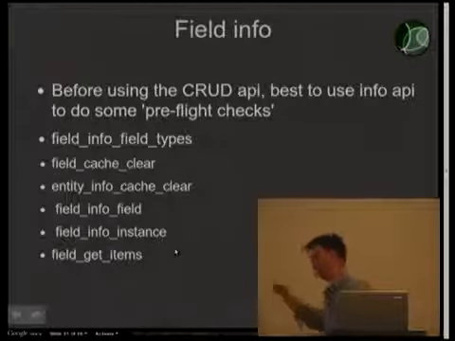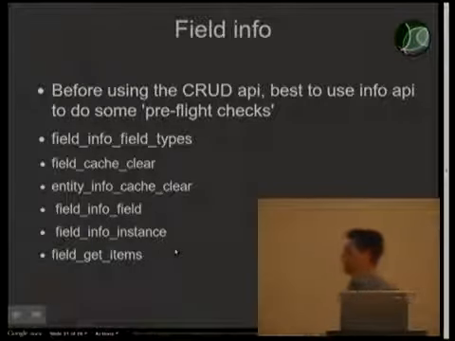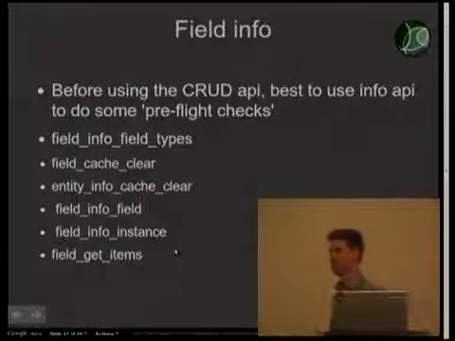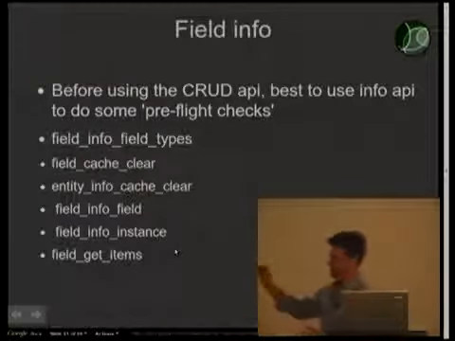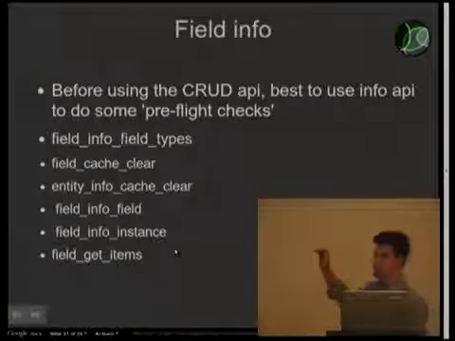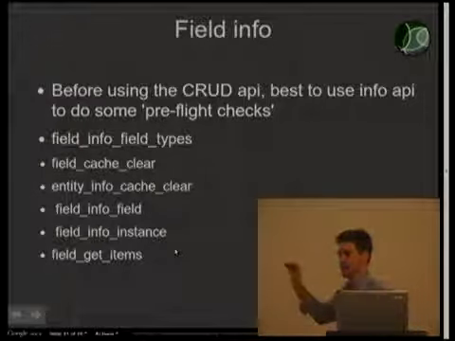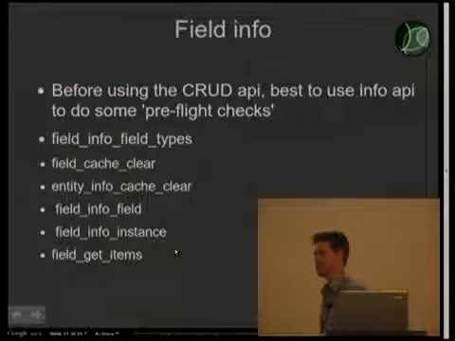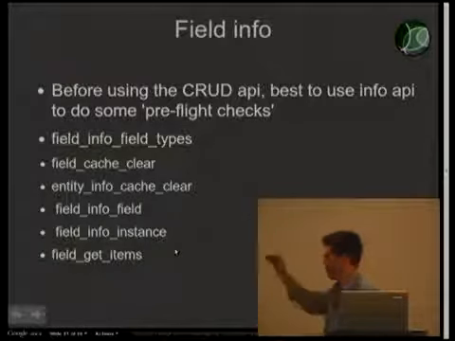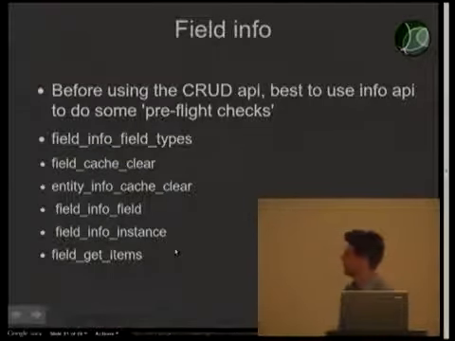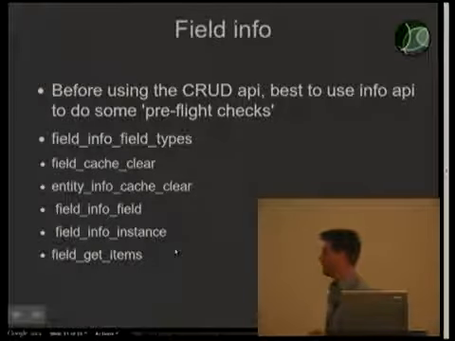If you're defining fields in code during an install function, before you go creating a commerce order reference, you want to make sure that the field cache knows about the commerce order reference field, because if that module was enabled as part of a dependency for your module, it may not know about it. So call your field_cache_clear first, and then to be super sure, you call field_info_field_types to make sure that it's actually there.